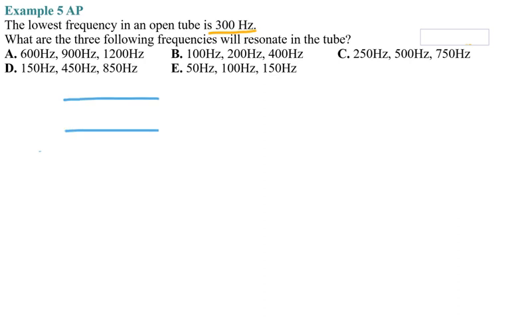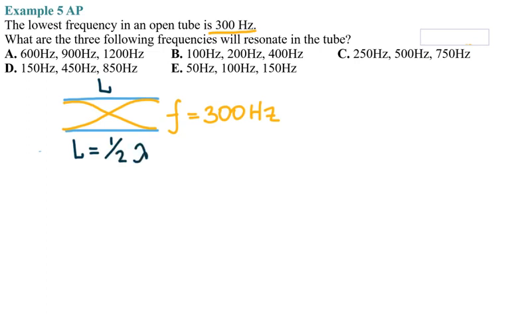And in these conditions, the frequency was equal to 300 hertz. And I'm going to say if this is the length, then the length is equal to 1/2 of the wavelength, and the wavelength is equal to 2 times L.